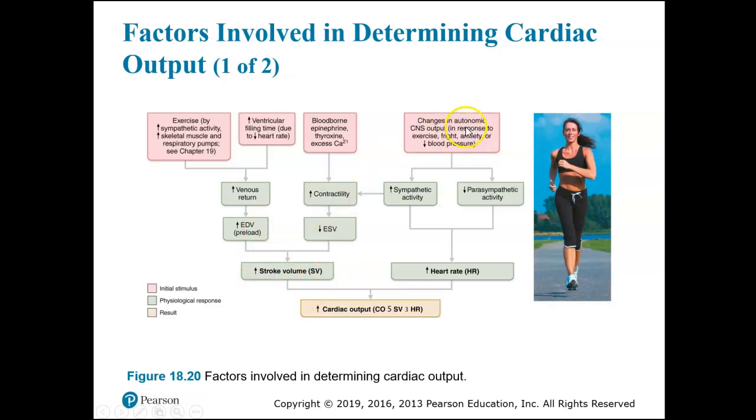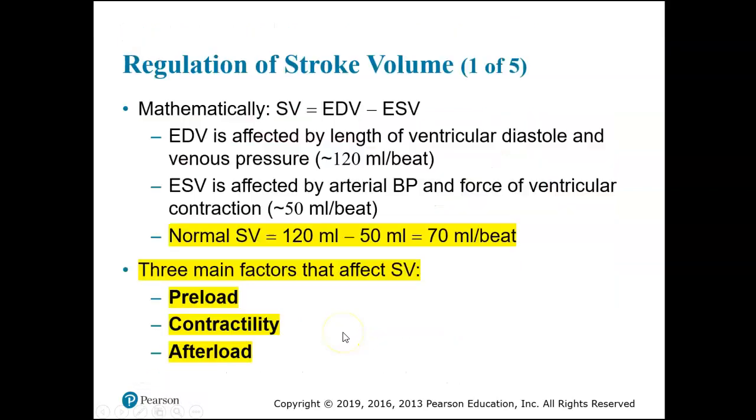Then there are changes in autonomic nervous system output in response to exercise, fright, anxiety, or lowered blood pressure. So when sympathetic activity increases, that will increase the heart rate. When parasympathetic activity decreases, that will increase the heart rate. And increasing the heart rate will increase cardiac output.